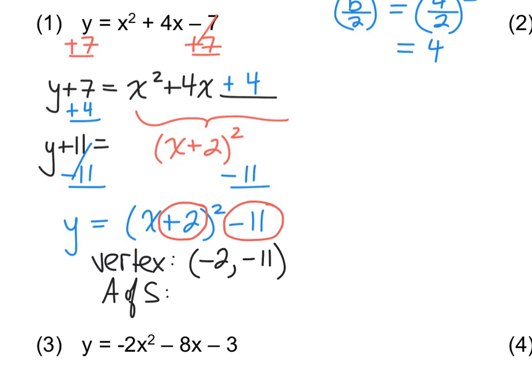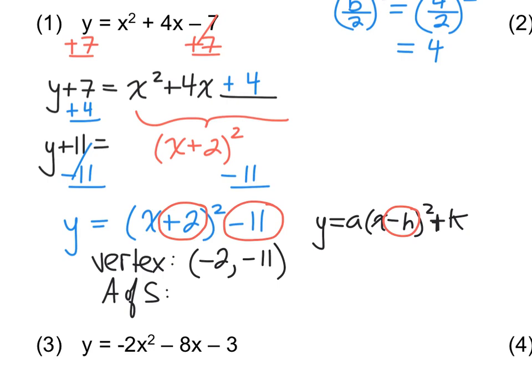So the formula itself is y equals a times x minus h squared plus k. All right, so somehow the negative h became a positive 2. In order for that to happen, negative had to become positive, which means I had to have plugged in a negative number.